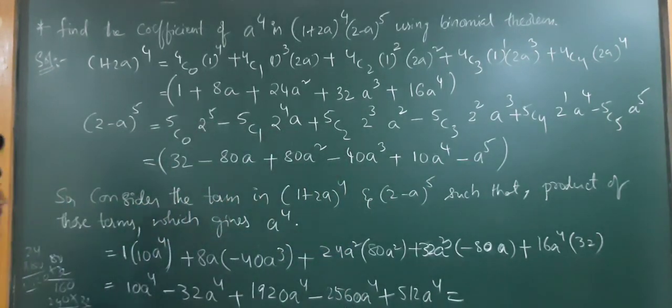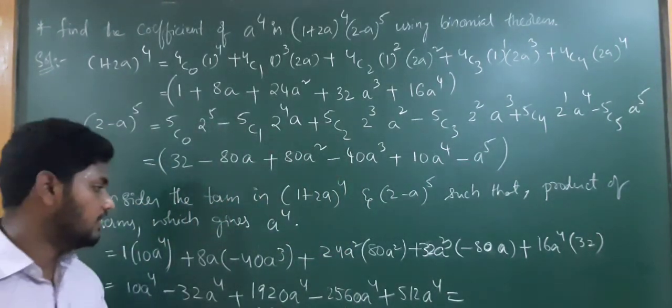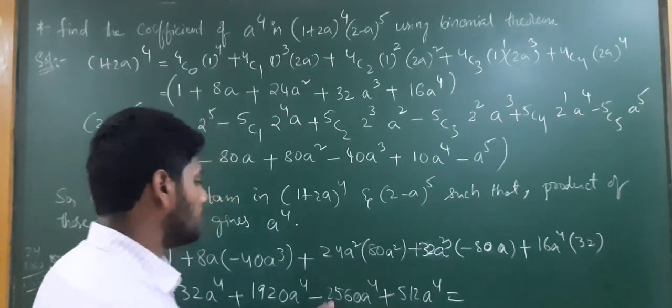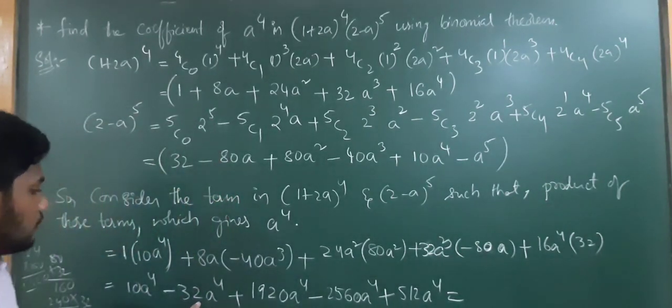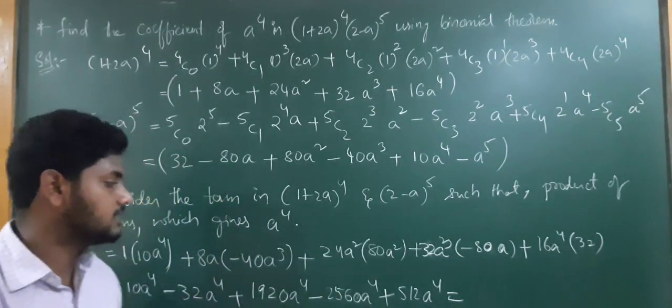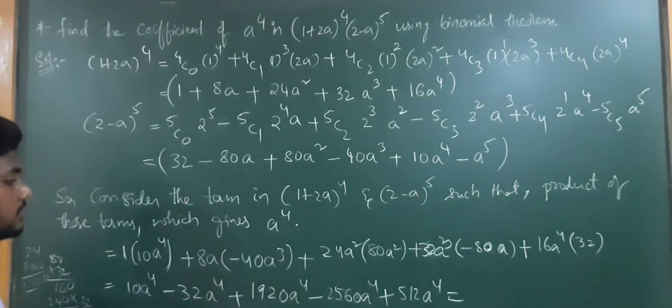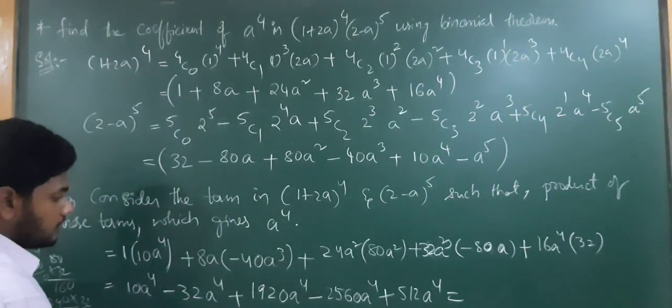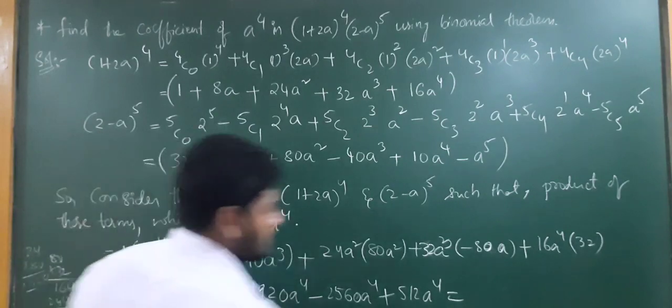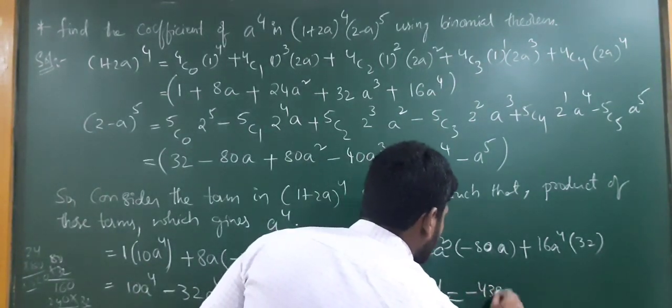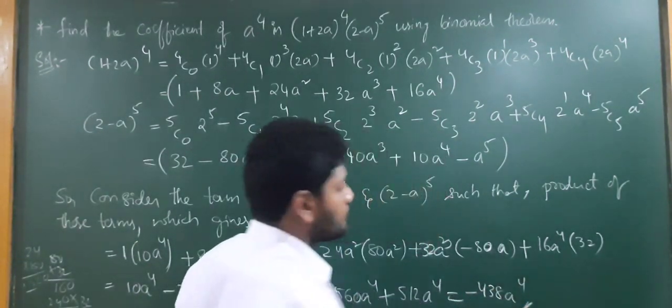If we simplify this, 10 plus 1920 plus 512 minus 320 minus 2560a to the power of 4, you will get minus 438a to the power of 4.